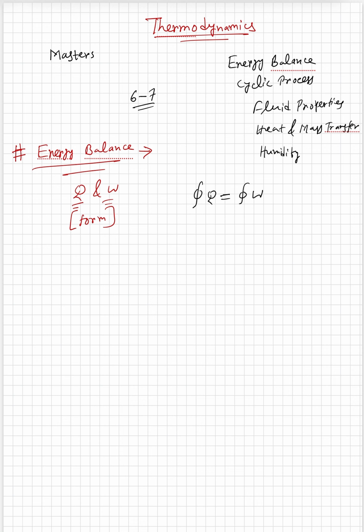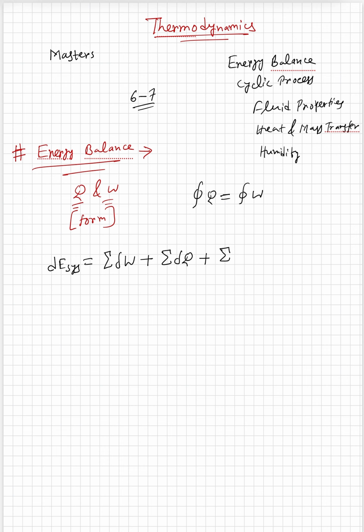And we have the energy balance equation. In the system, we might have external work on the system or work done by the system, so we write the summation of delta W. And we have heat energy inside the system or maybe produced from the system, so we add that.